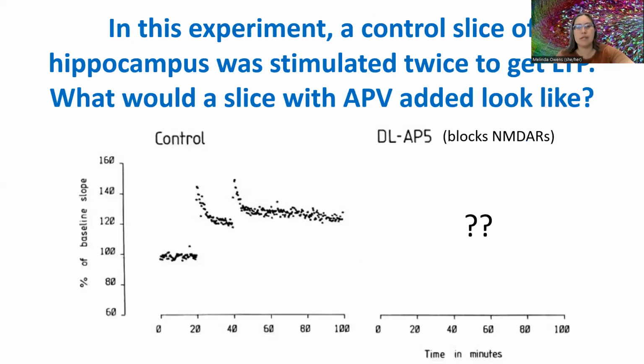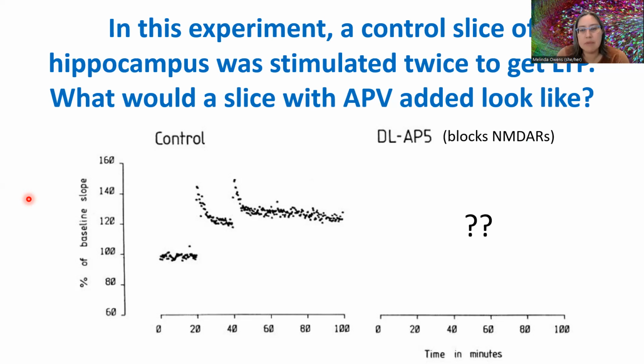So question for you: in this experiment, a control slice of hippocampus was stimulated twice to get LTP twice. The stimulation happened here and then here. When I say slice, I mean somebody cut up a mouse or rat hippocampus and was looking at LTP in a dish. If you added APV, which blocks NMDA receptors, what would that look like?